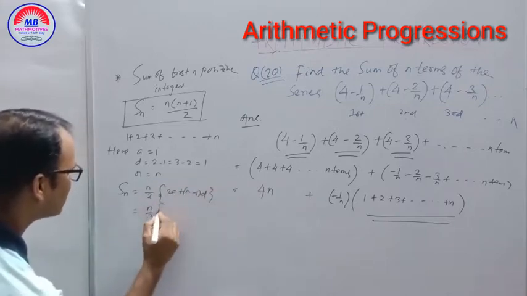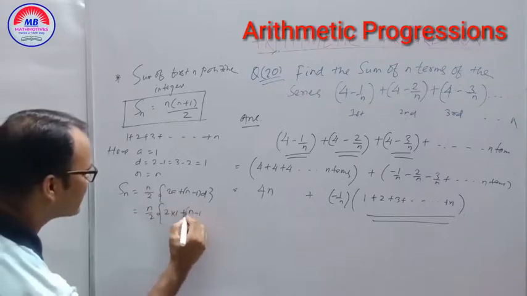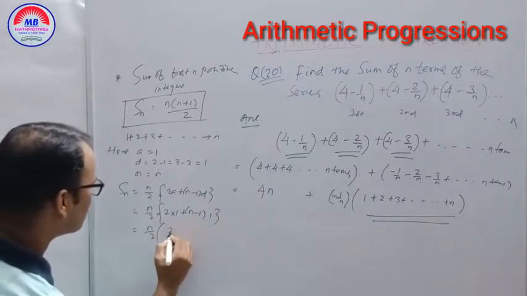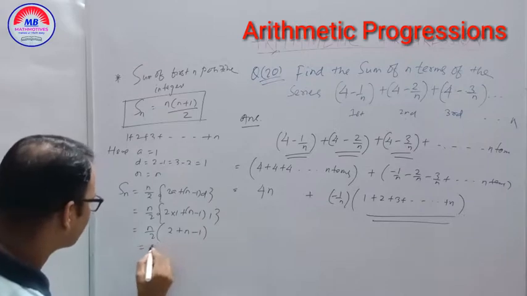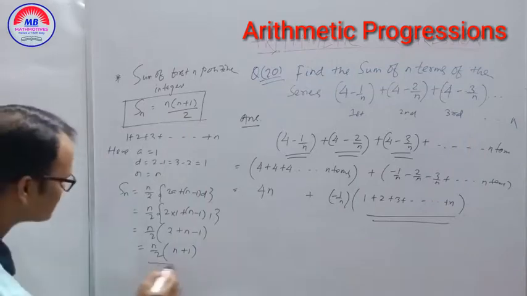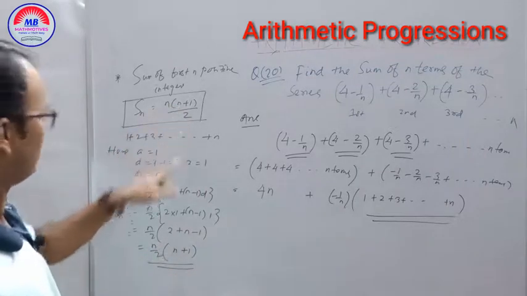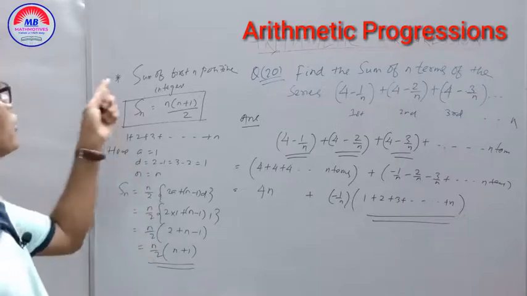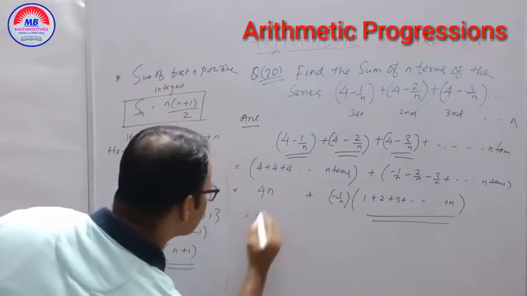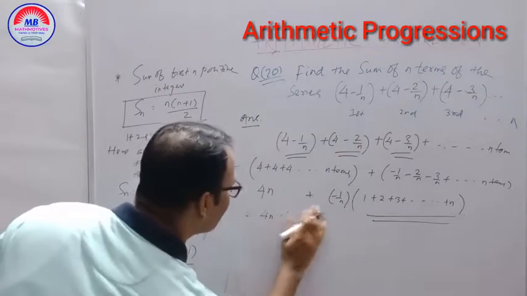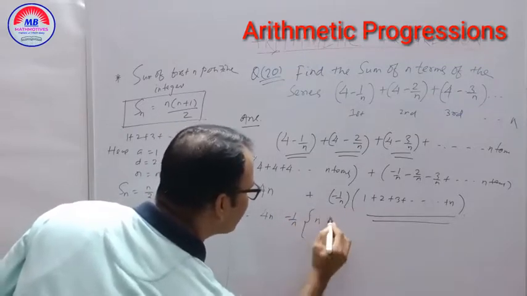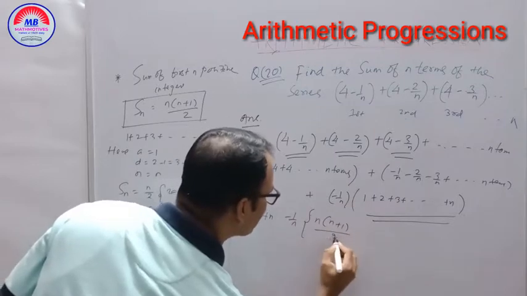So n by 2 into 2 into 1 plus n minus 1 into 1, that is n by 2 into n plus 1. Okay, so we get n into n plus 1 by 2. This is the formula of Sn, the sum of the first n positive integers. So this part is 4n plus minus 1 by n into n into n plus 1 by 2.